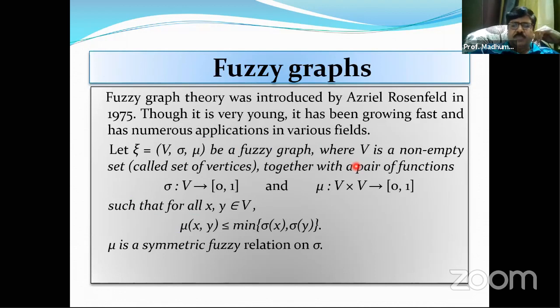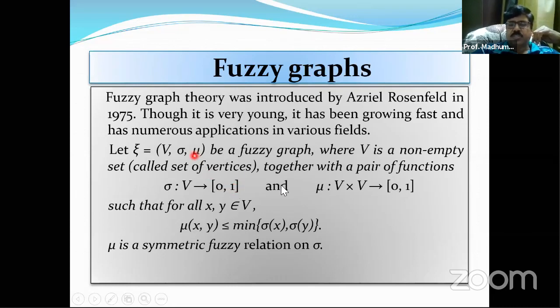In our conventional graph theory, there are two sets: one is the set of vertices and another is the set of edges. But in fuzzy graph theory, the set of edges is replaced by two functions, sigma and mu. Sigma is a function from the set of vertices to the interval 0, 1.